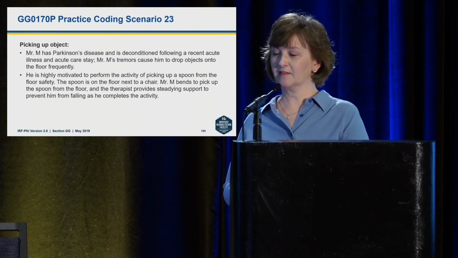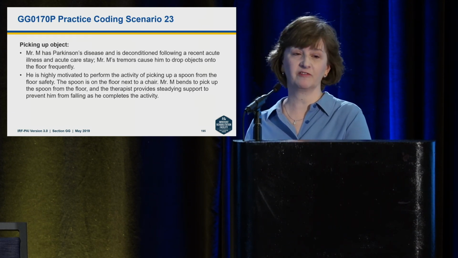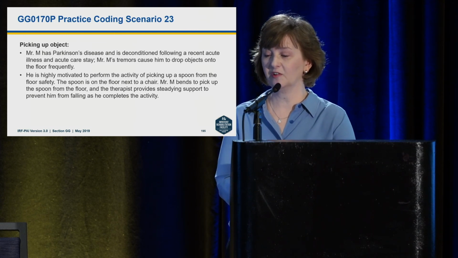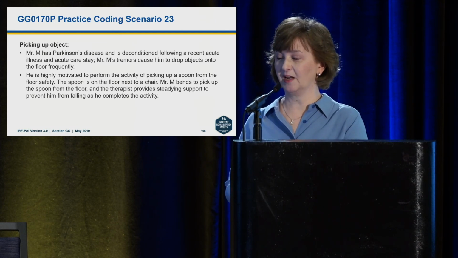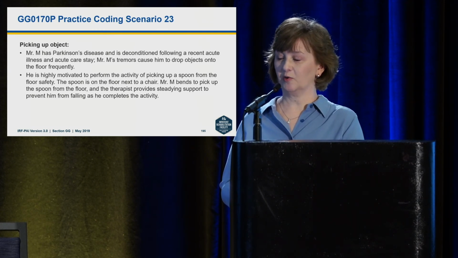So here in practice scenario code number 23, Mr. M has Parkinson's disease and is deconditioned following a recent acute illness and acute care stay. Mr. M's tremors cause him to drop objects on the floor frequently. He is highly motivated to perform the activity of picking up a spoon from the floor safely. The spoon is on the floor next to the chair.